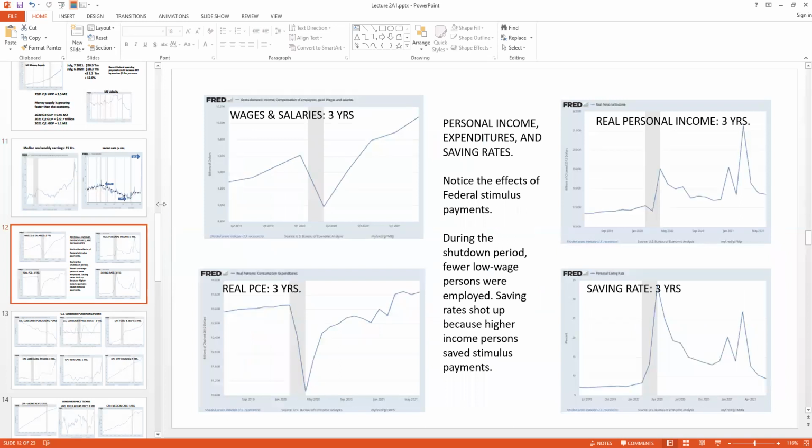So we have a rather unusual set of circumstances when we look at income and spending.